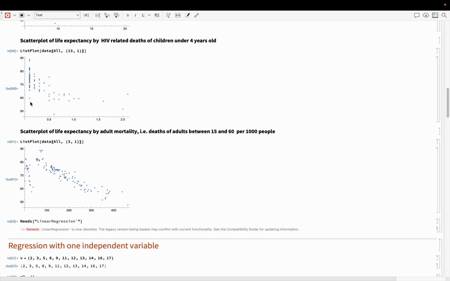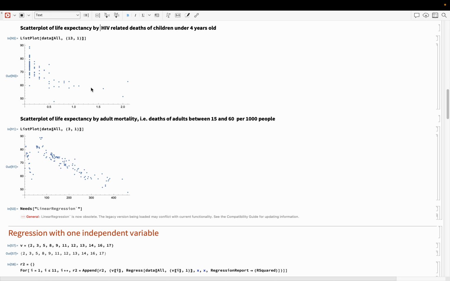However, we see that there is a huge number of countries, fortunately, where there are just no deaths of children under 5 years old, deaths related to HIV.